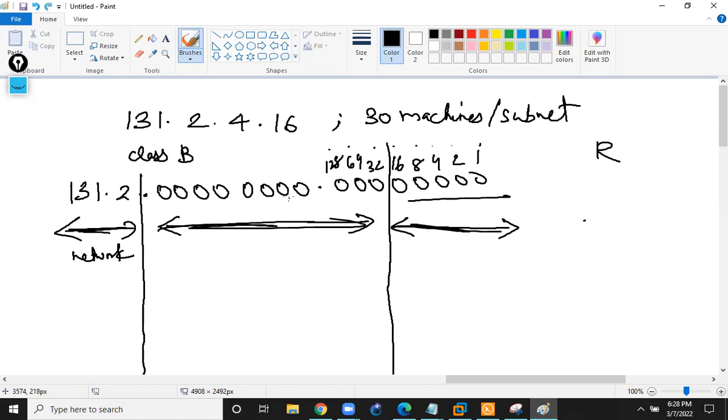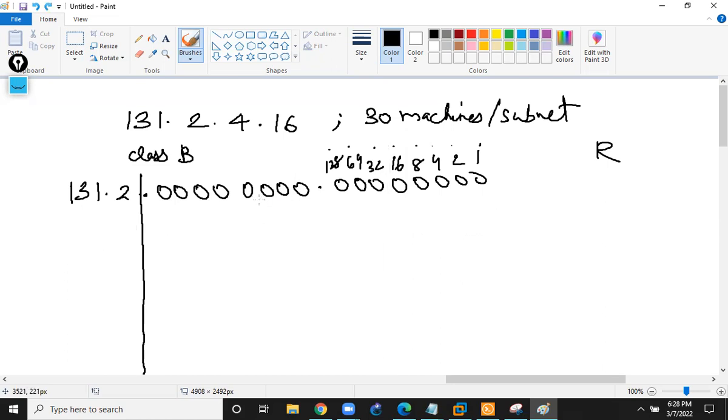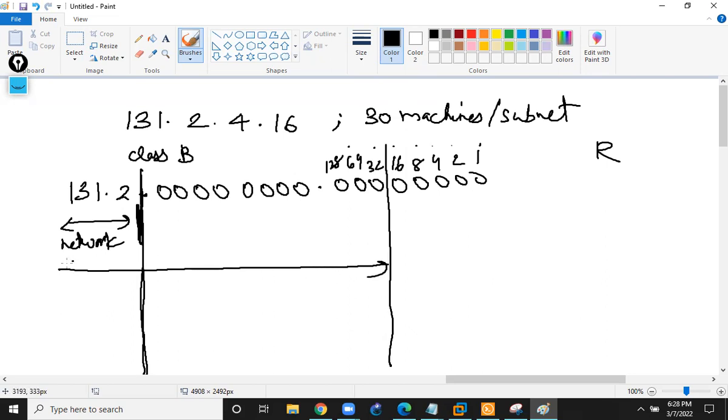Let me again tell you. Previously you had the network portion till here, to the left side of the line. Now that you have drawn the line between 32 and 16, you have extended the network bits.